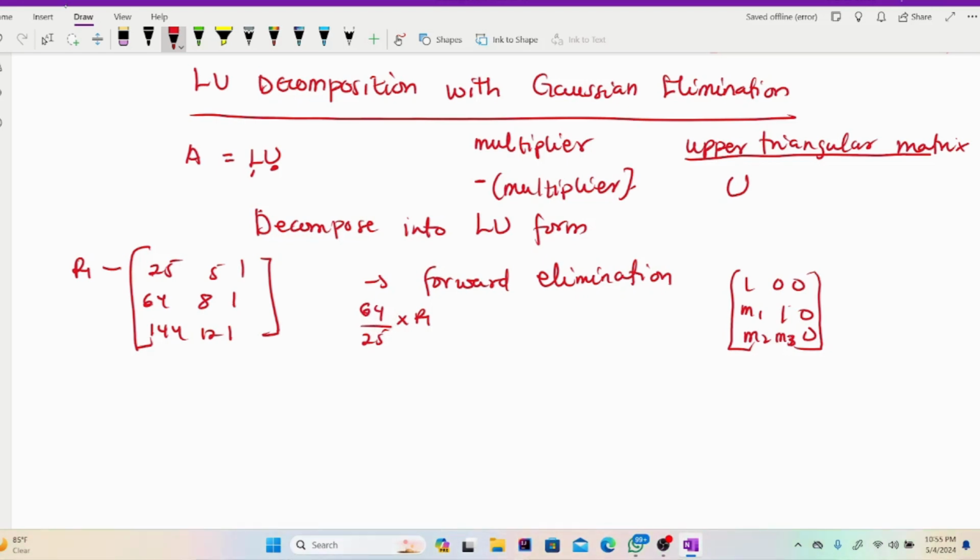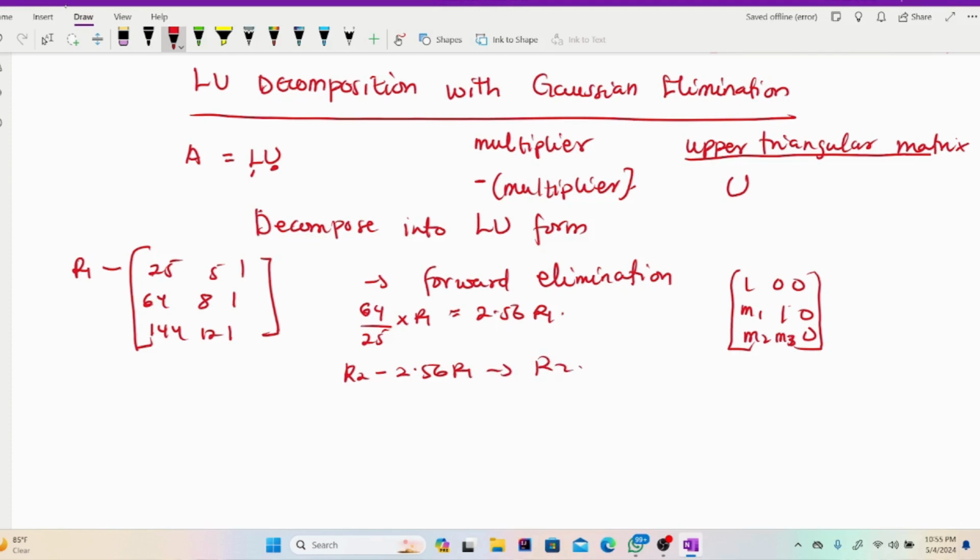So let me solve for 64 over 25 first. 64 over 25 gives us 2.56. So this is the same as 2.56 R1. With this, our row operation becomes R2 minus 2.56 R1, going into R2.